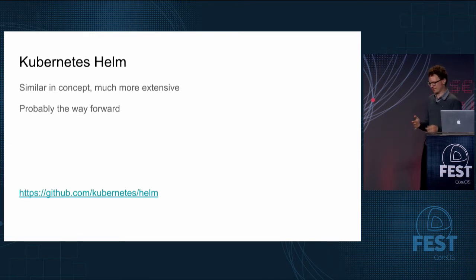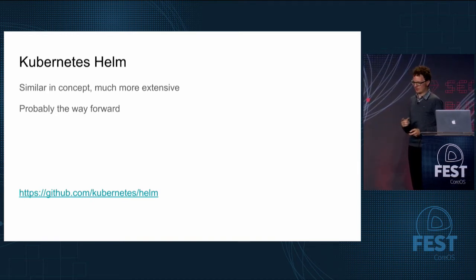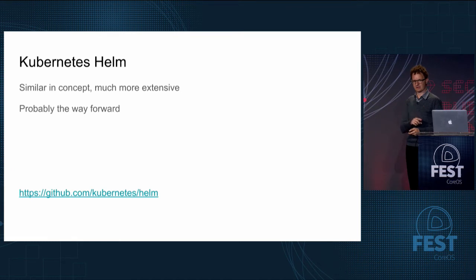We started doing this, and we built kube app deploy, and then we ran into Helm, which was much broader in scope and alpha back in the day, so we stuck with the thing that was stable for us. But do look at Helm. It has some very nice other features like lifecycle hooks. And if you're interested in Helm, I think the next talk right here is about Helm, so stick around.